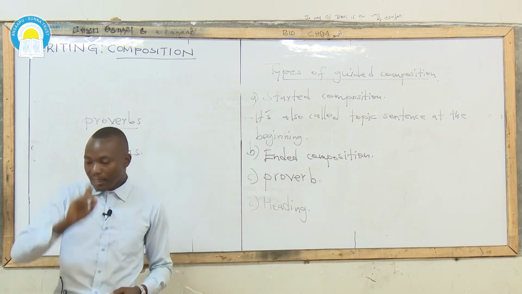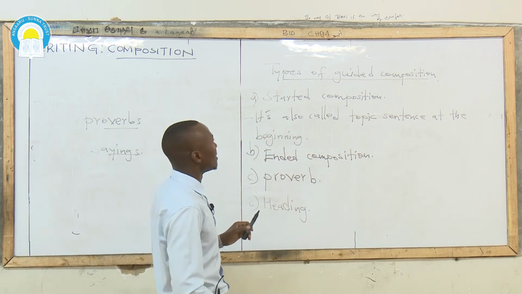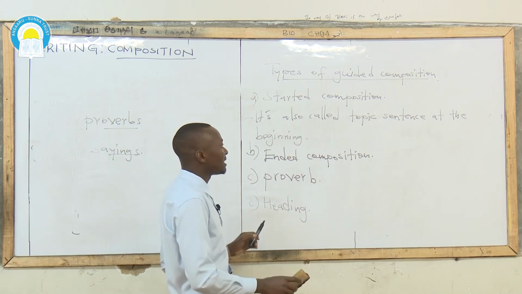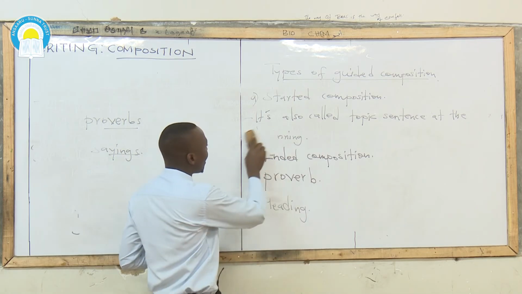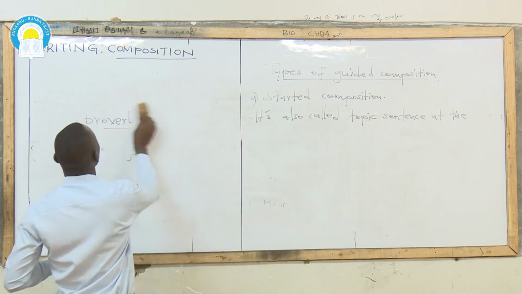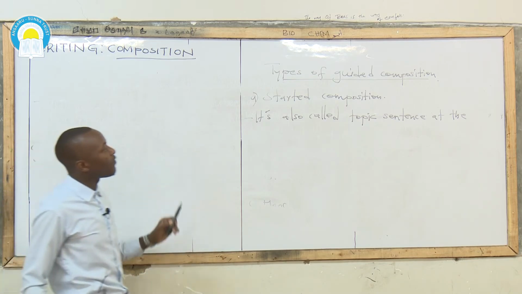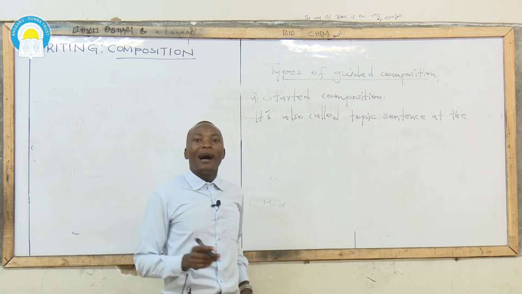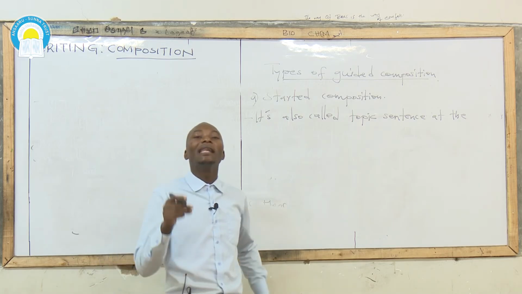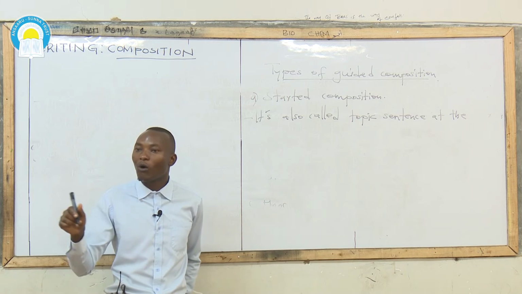Now, let me go back to the first thing, that is the started composition, also called the topic sentence at the beginning. I would like to explain this to the learners. In the started composition, a learner can be given a beginning of a composition and then told to complete it.